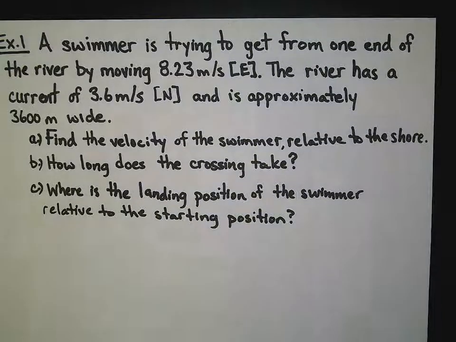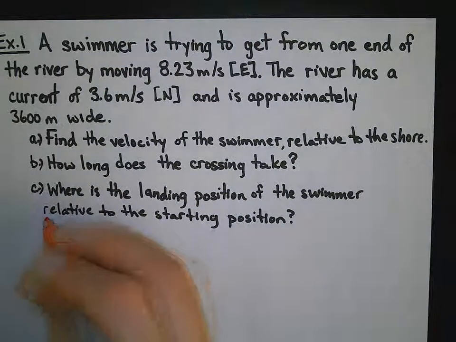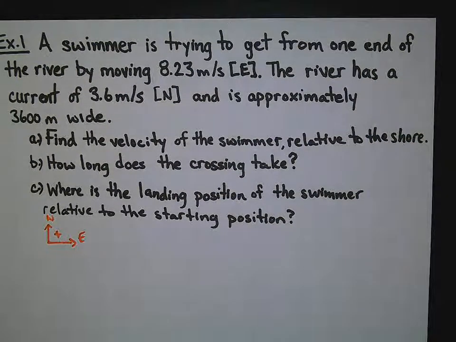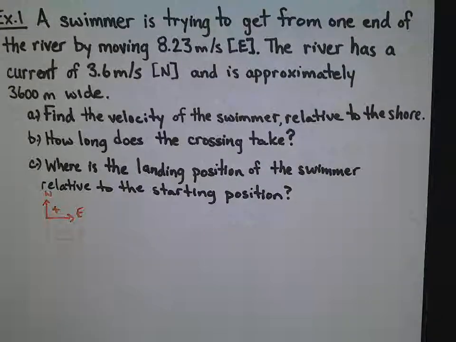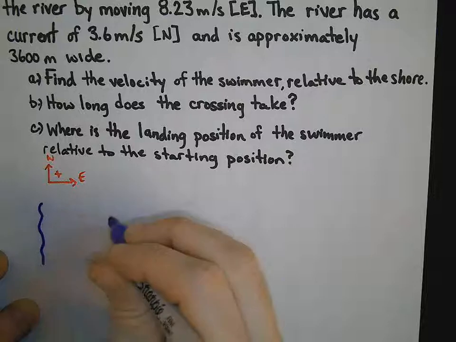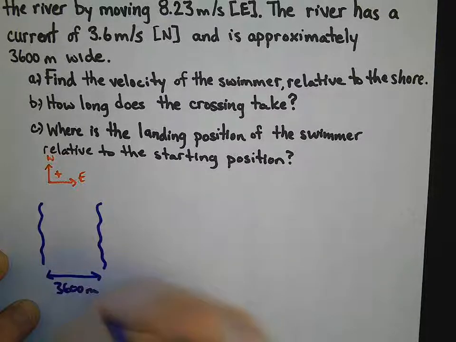So as always, beginning a question like this is easy. We're just going to state that north and east is positive just in case. Let's roughly draw a diagram of what this would actually look like. We have a river that is approximately 3,600 meters wide.